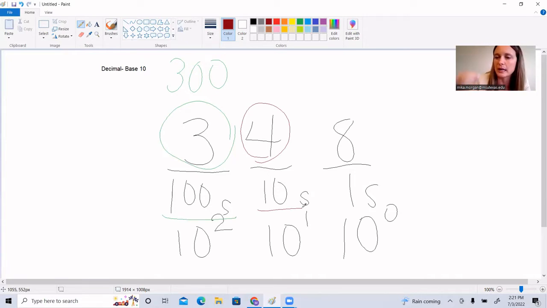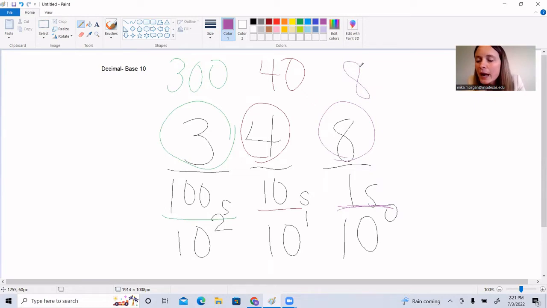So what I'm doing is multiplying them together, right? 4 times 10 means this 4 is really worth 40. So it's whatever your value is times its place value. How much is it worth? And then finally, we have an 8 in the ones place. And 8 times 1 is 8. So how much is this number worth altogether?